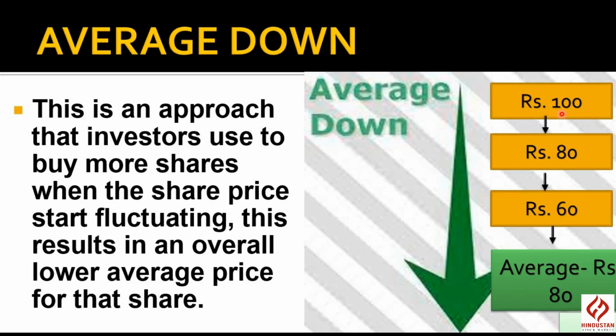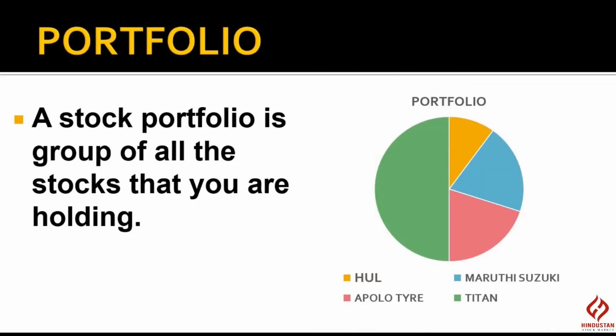That is 100 plus 80 plus 60 divided by 3. So that is 80 rupees. Here, as you can see, it is lower than the original price. Here the original price is 100 rupees and your average price is 80 rupees. So average down helps investors when they are uncertain about the purchase price, or when the prices of the stocks are fluctuating drastically.